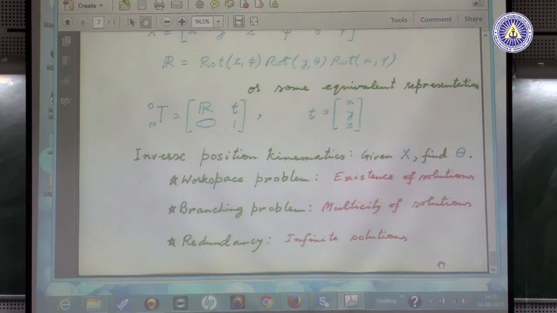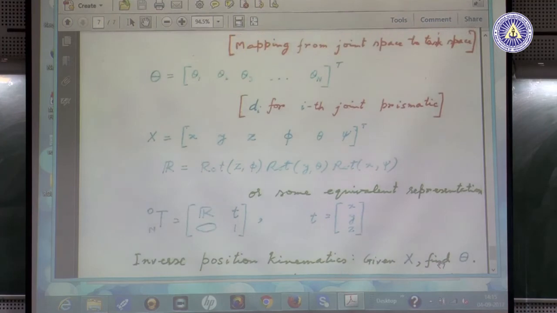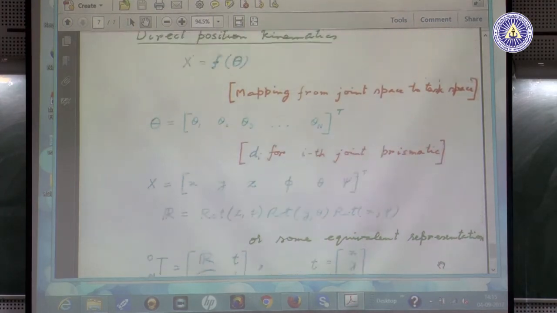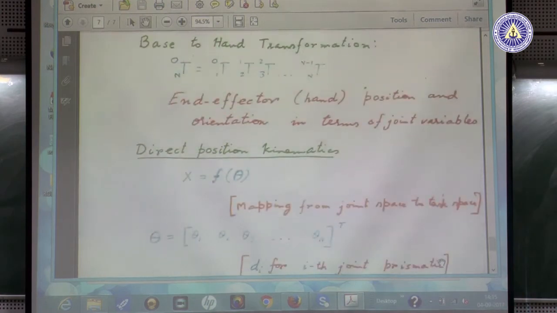So, what can be done is actually very complicated. Given x, find theta. If you put that thing here, then find out from that one value of theta 1, one value of theta 2, the value of theta 3 from here and so on.